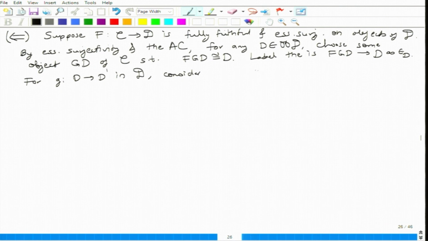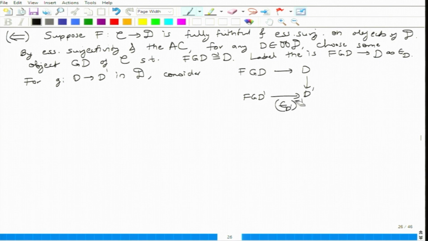Consider this particular composition. We want to define something from GD to GD dash. So we have some morphism from FGD to D, we have something from D to D dash, and we have something from FGD dash to D dash, which is epsilon D dash inverse.